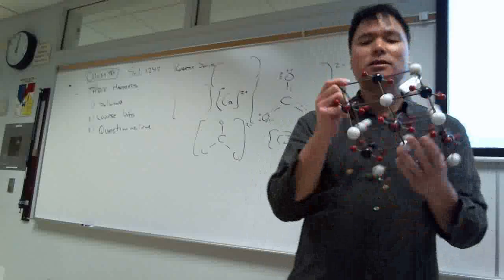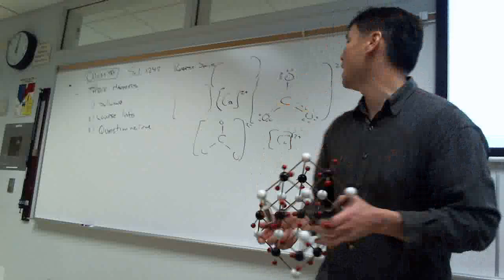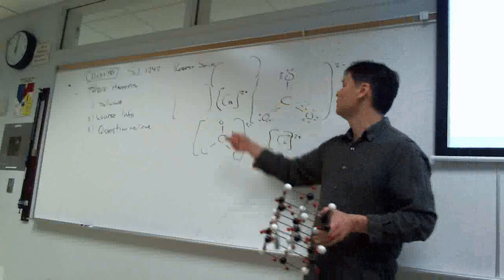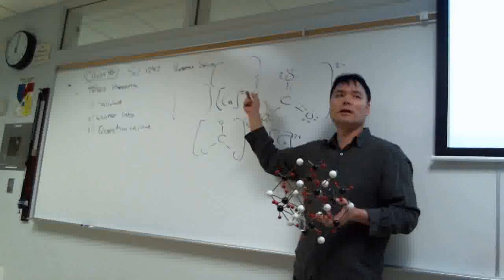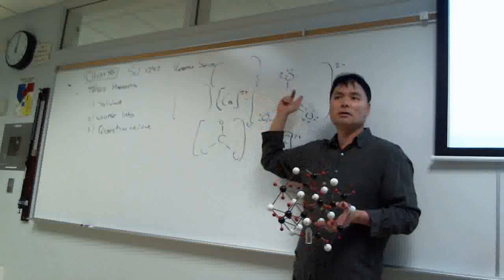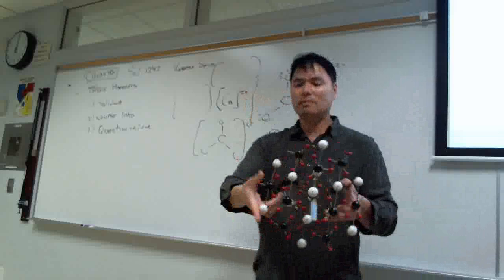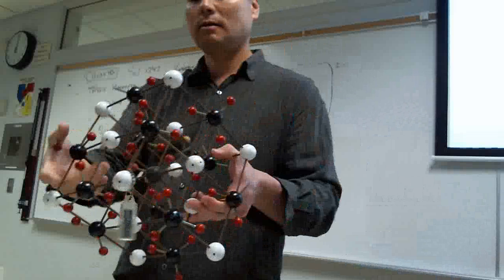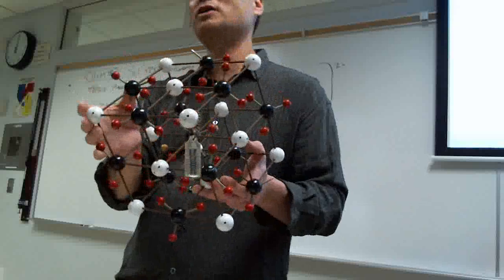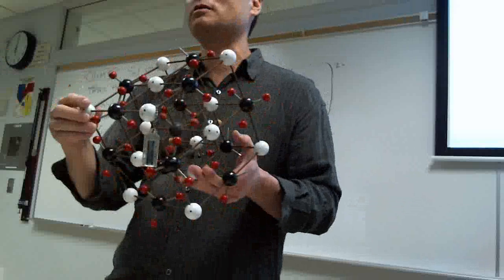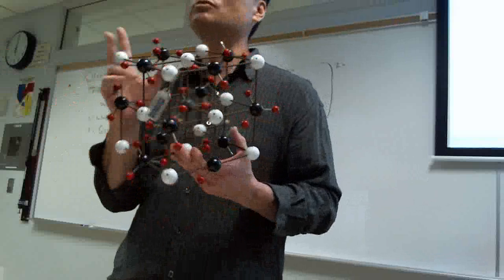I know this lattice is going to be strong because calcium is a 2 plus and carbonate is a 2 minus. Although carbonate's kind of big, you see that? And so they can't get as close. The closer they are, the stronger the attraction. The further apart they are, the weaker the attraction. Coulomb's law depends on two things. What does it depend on?